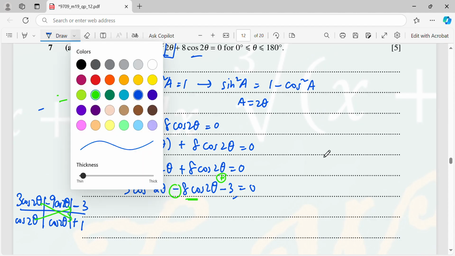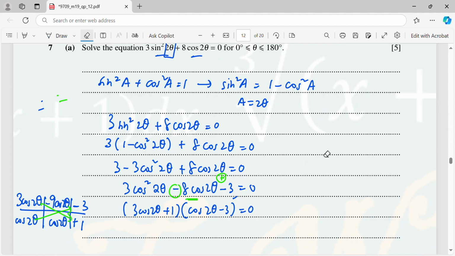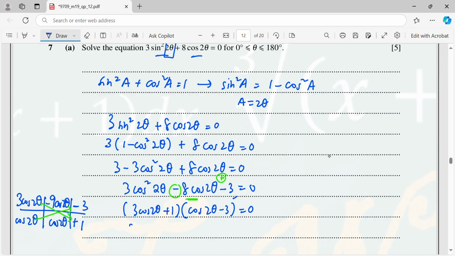And now here you will be getting 3 cos 2 theta plus 1 multiplied with cos 2 theta minus 3 equals 0. So either 3 cos 2 theta plus 1 equals 0 or cos 2 theta minus 3 equals 0, because multiplication of two terms equals 0 means one of them must be 0.